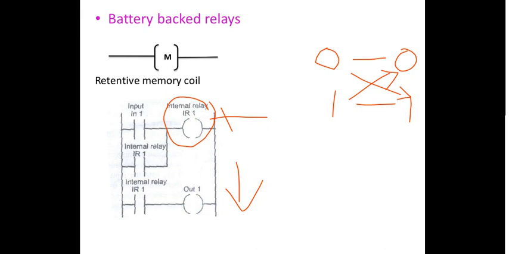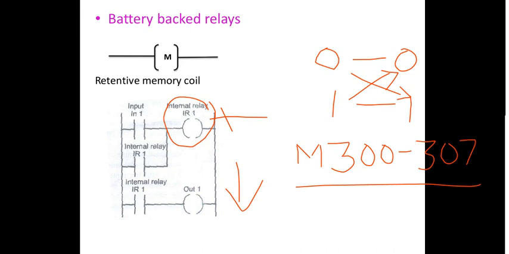This we have already discussed earlier, right? So these are the internal relay operations, or these are the battery backed relays which have slightly better or higher significance as far as the safe or assured operation of the entire process control is concerned, right?